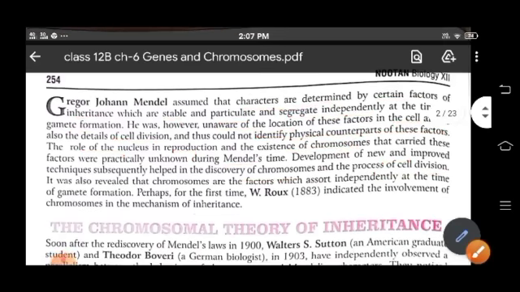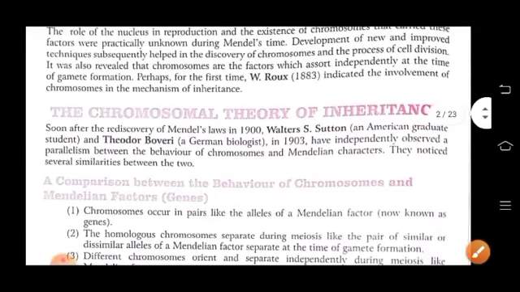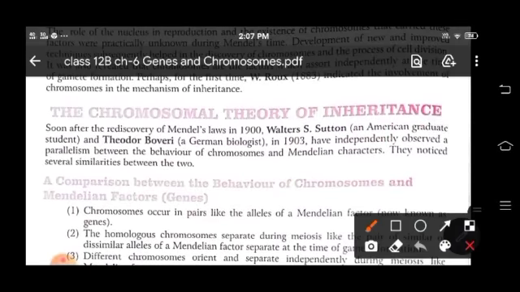So let's start with the chromosomal theory of inheritance. After the rediscovery of Mendel's laws in 1900, Waldeyer, Sutton and Boveri independently observed the behavior of chromosomes and Mendelian characters.